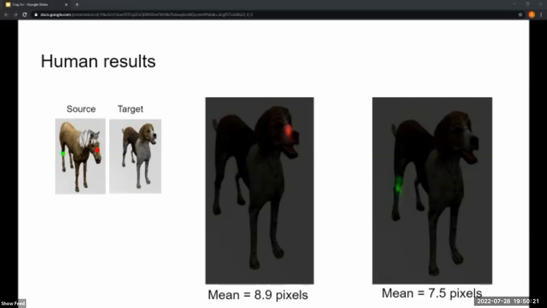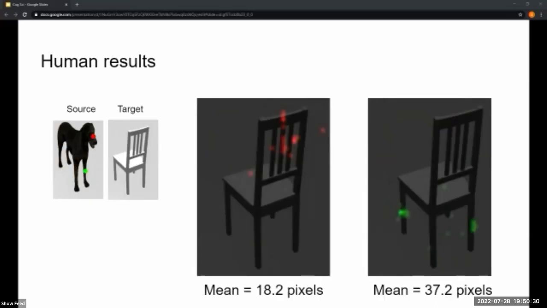And the mean deviations of the markers are 8.9 pixels and 7.5 pixels, respectively. And here's a between category condition where the participants put markers somewhat scattered all over the place, and the deviation is 18.2 pixels, and for the legs is 37.2 pixels.